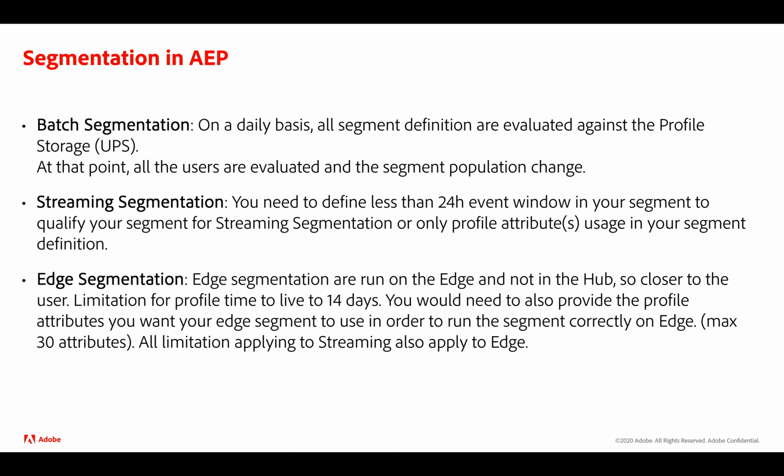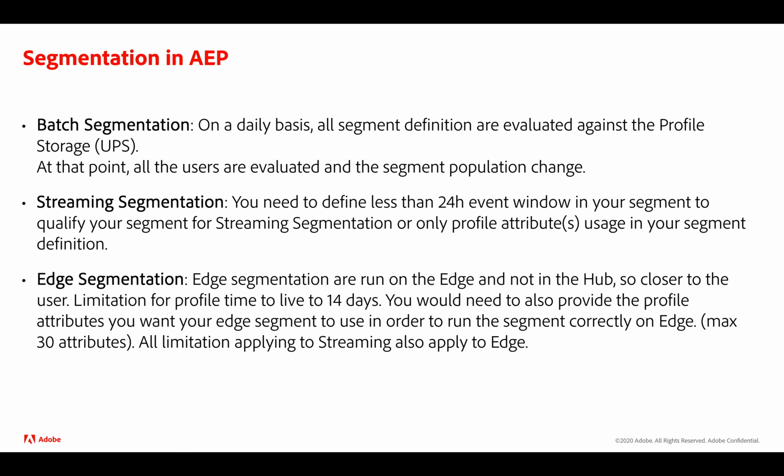So going into more detail in the segmentation in Adobe Experience Platform, we have batch segmentation that is done on a daily basis, and all segment definitions are evaluated against the profile storage. So at that point, all the users in the UPS are going to be evaluated, and the segment population is going to change. We call them audiences as well.